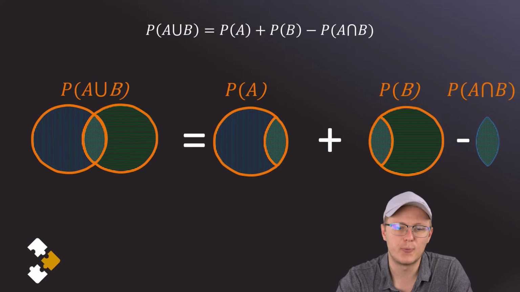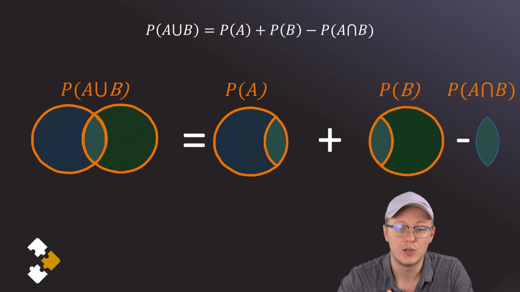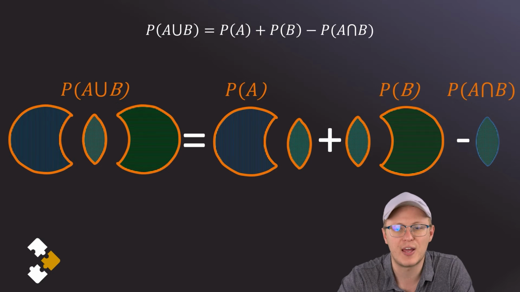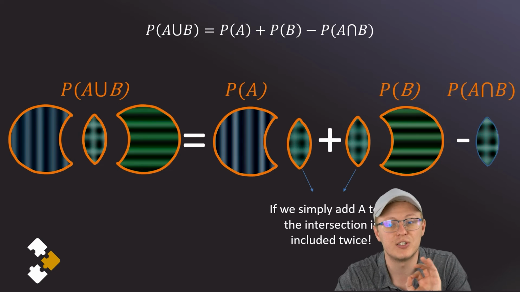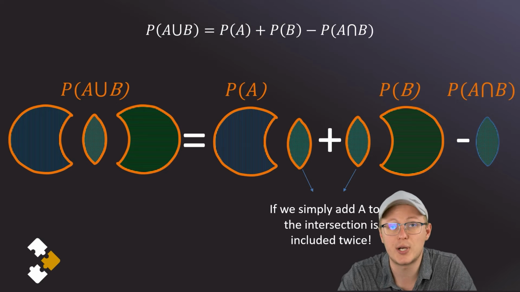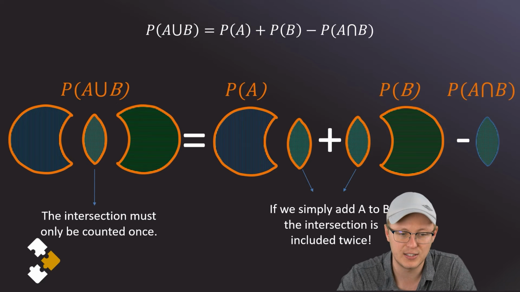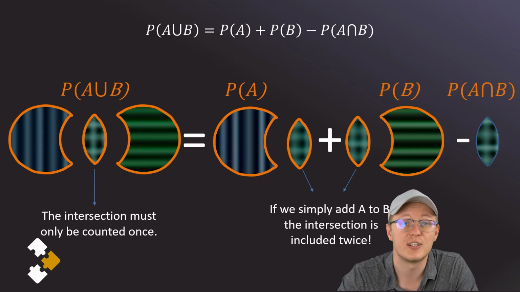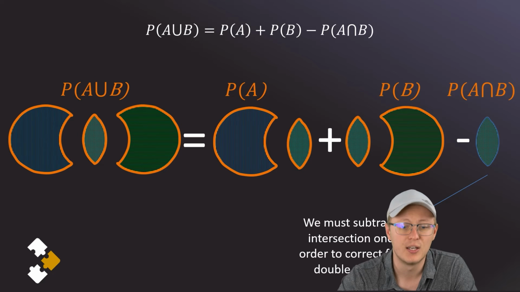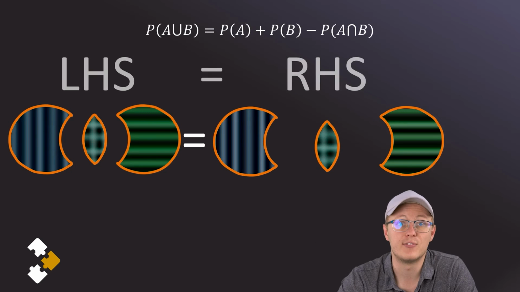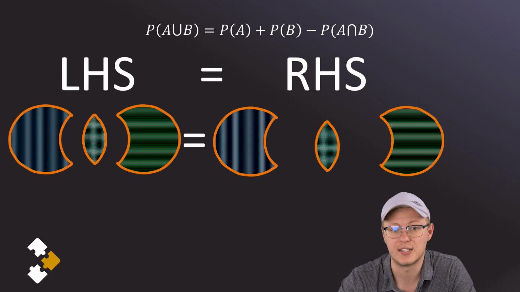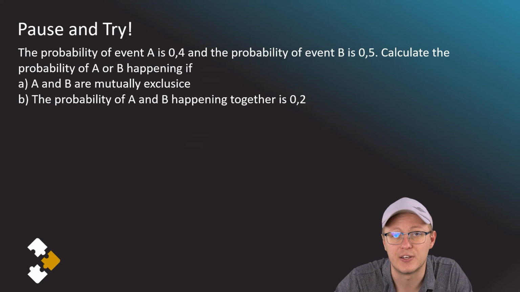So if we take the probability of A and the probability of B, and we write it such that we show that overlap, you'll see that when we add the probability of A and B together, that overlap is going to be counted twice. So if we subtract the overlap, the intersection, at the end, we're going to get what we're supposed to have, where the intersection is counted only once. So once we subtract, the left-hand side will in fact be equal to the right-hand side. So quickly pause the video and give this a try.